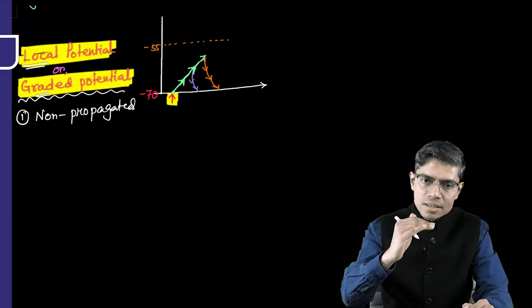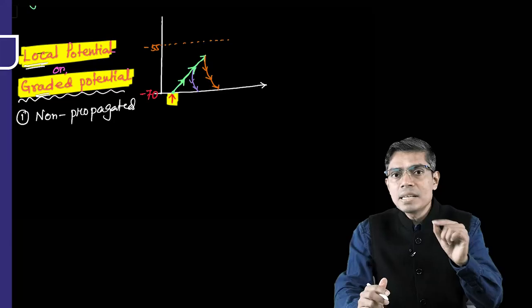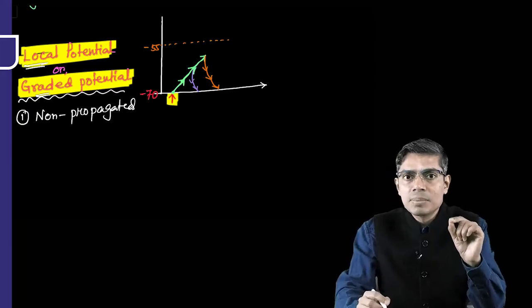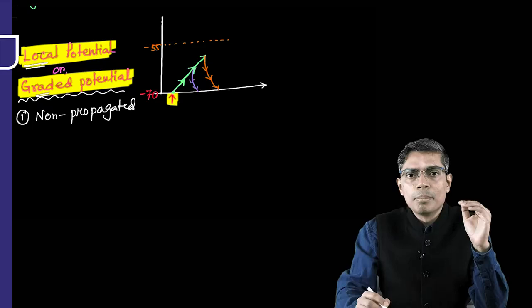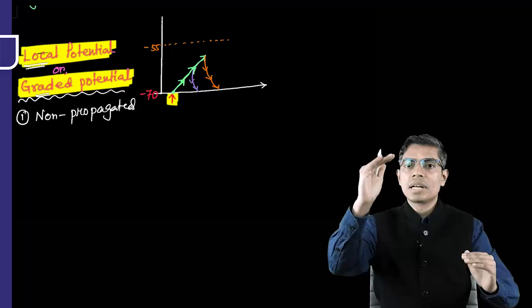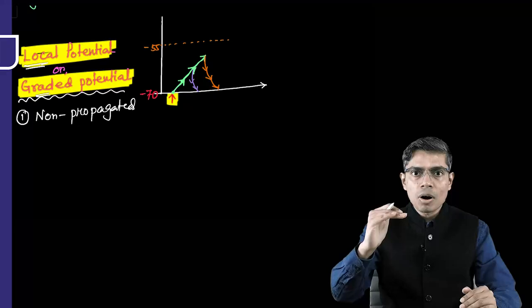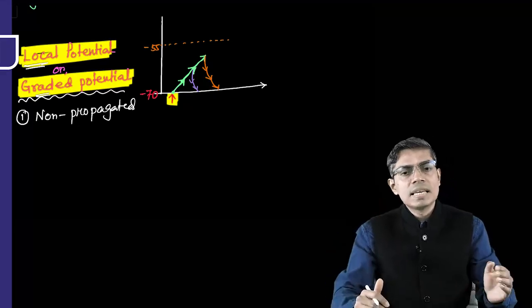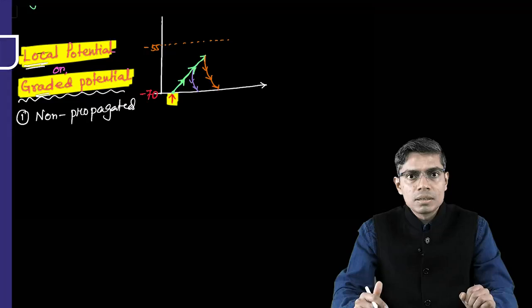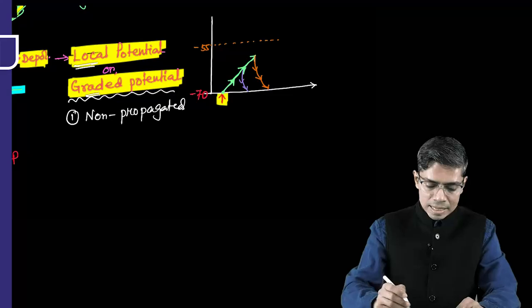And this rise of local potential, this rise of depolarization, depends on the strength of stimulus in a graded manner. Getting my point? Okay, more stimulation, more rise in local potential. So this rise of local potential in a graded manner depending on the strength of stimulus, that's why this is known as graded potential.